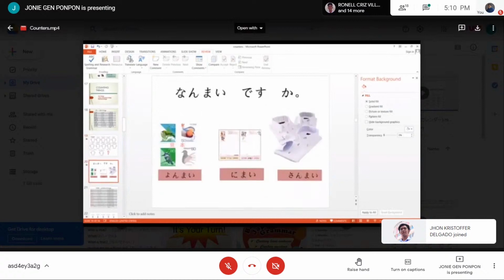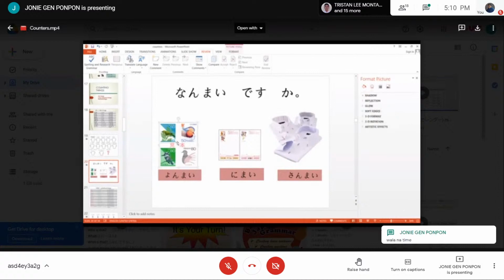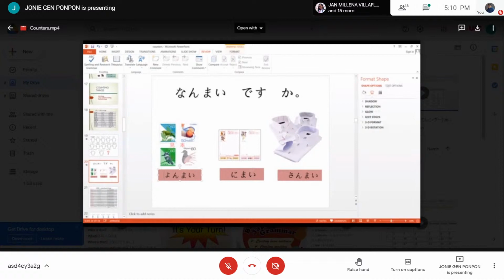We have an example here. These are stamps. How many stamps are there? Stamp is kitte. Kitte wa nanmai desu ka? You can answer, Kitte wa yonmai desu. 1, 2, 3, 4.